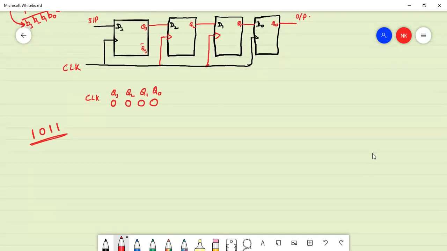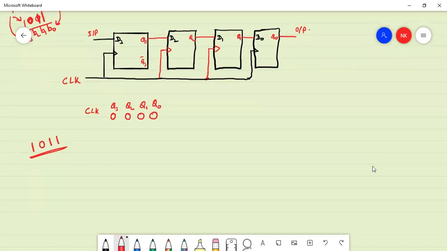Yes, so here in the clock pulse 1, okay, I am taking the first clock pulse. So in the first clock pulse, what will happen? We have a data input here as 1. Okay, as I have already told you, the first bit or the LSB bit will get introduced at the input. So when the first clock pulse comes, what will happen?